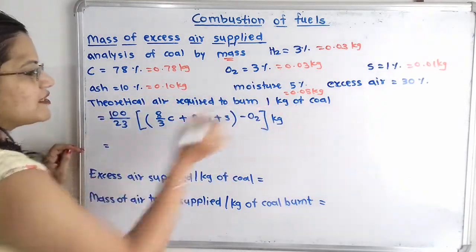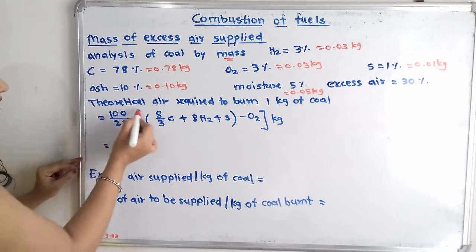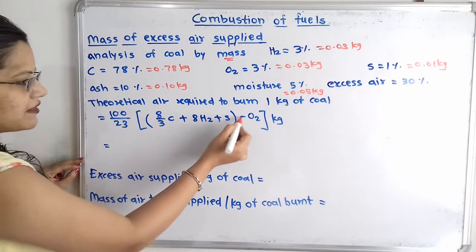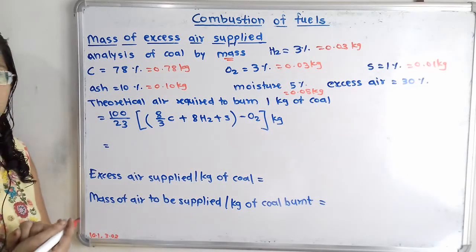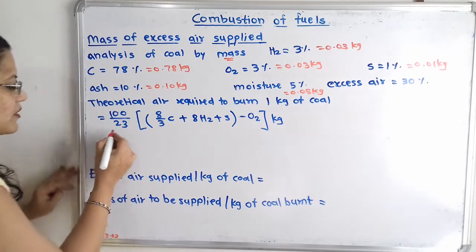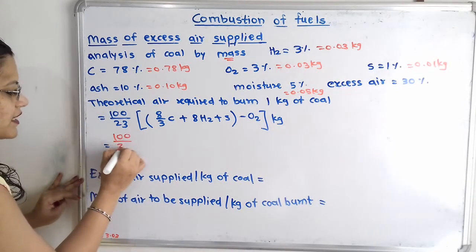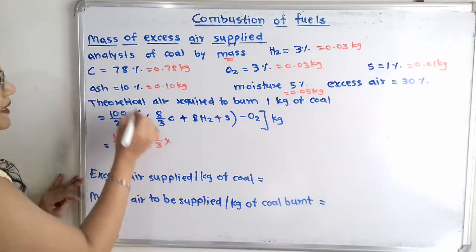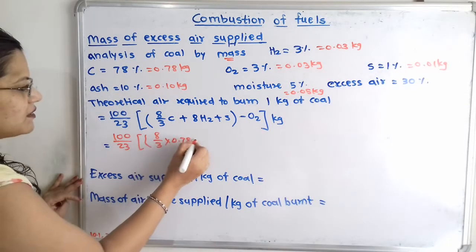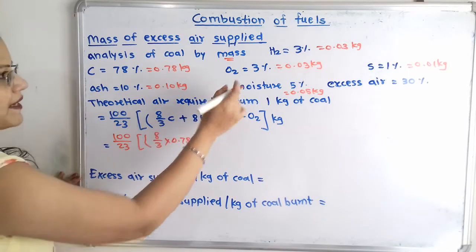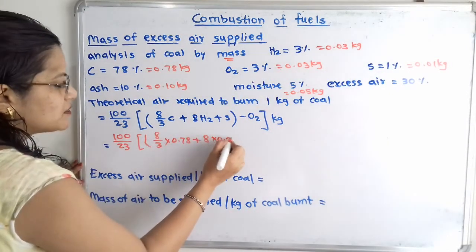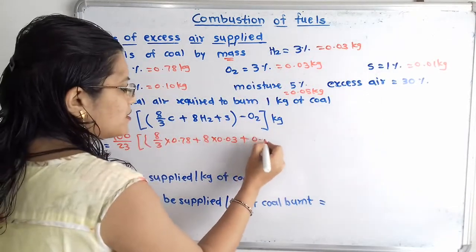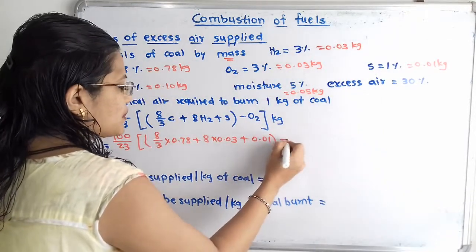What is the formula? It is 100 by 23 in the bracket 8 by 3 C plus 8 H2 plus S, bracket complete, minus O2, and the unit is kilogram. This formula is important. Now we put the values: 100 by 23 in the bracket 8 by 3 multiplied by C, that is 0.78, plus 8 multiplied by H2, that is 0.03, plus S, that is 0.01, bracket complete, minus O2.